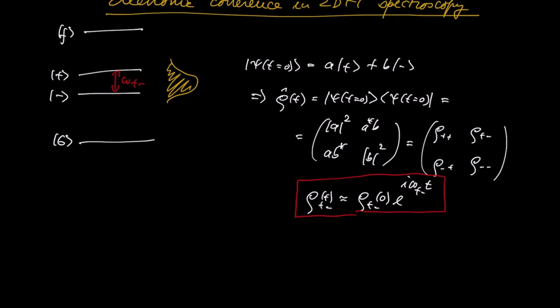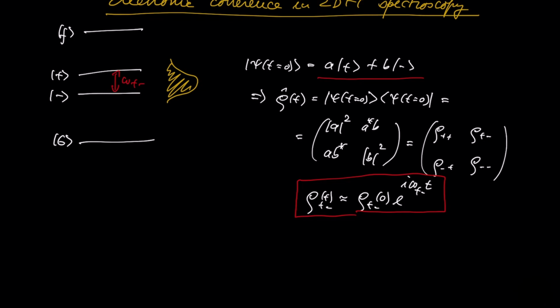So the fact that the off-diagonal element of the density matrix is non-zero corresponds to the fact that you can describe it by a pure state, or at least partially pure state, which has to be written in quantum mechanics as a superposition.